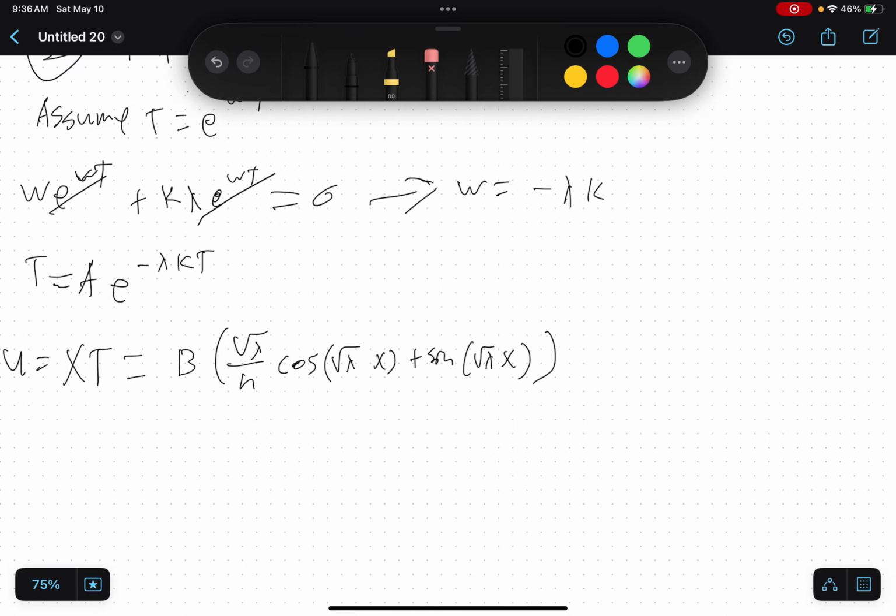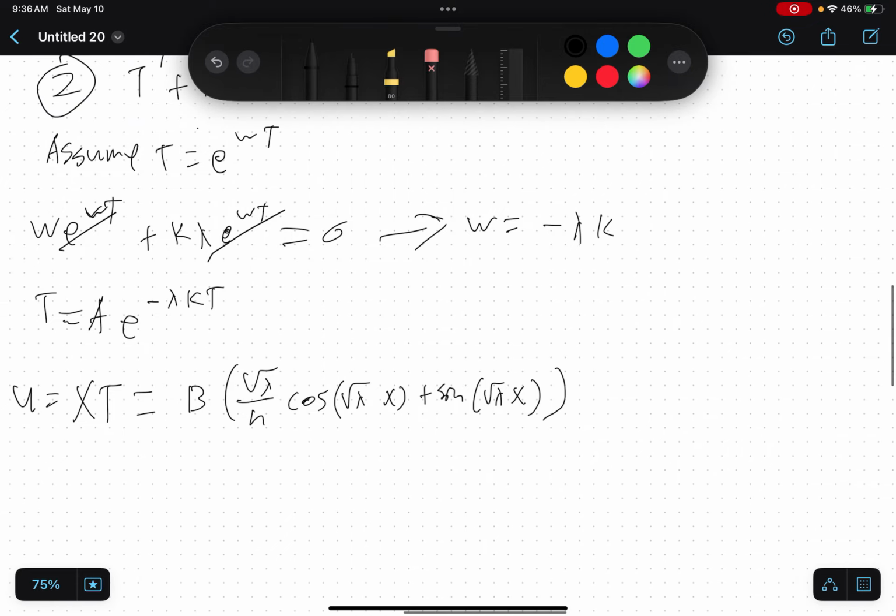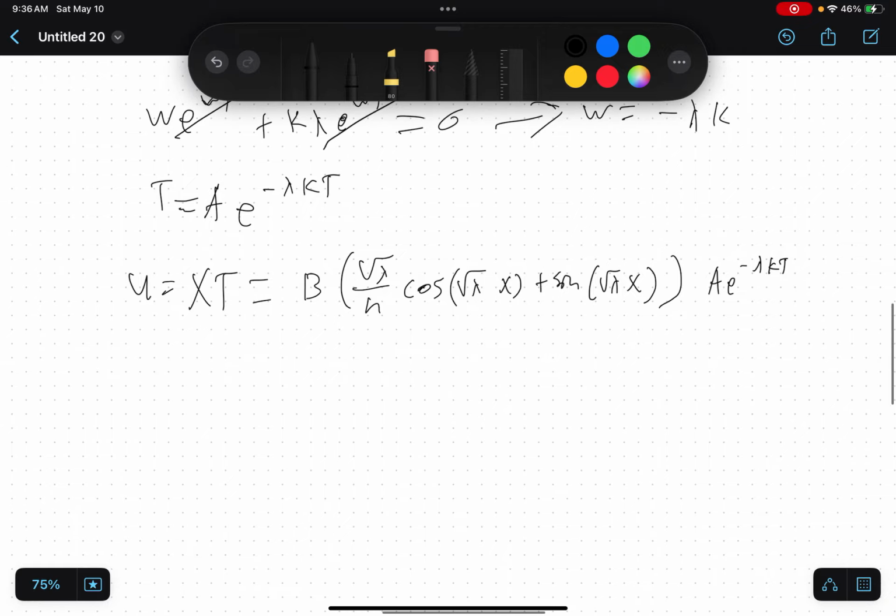So that's X, and then what is T? T is A e to the negative whatever. Cool. Well, we have two unknown constants, but they're both multiplied, so we can group them as the same constant.